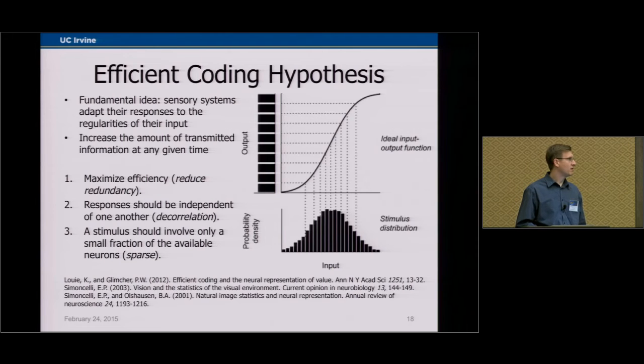You want to have responses that are independent or decorrelated. And the stimulus should be represented by a sparse representation. Okay, so pretty much part of the fitness function is evaluated based on these information theoretics. So high fitness networks will have these characteristics, and low fitness networks won't.